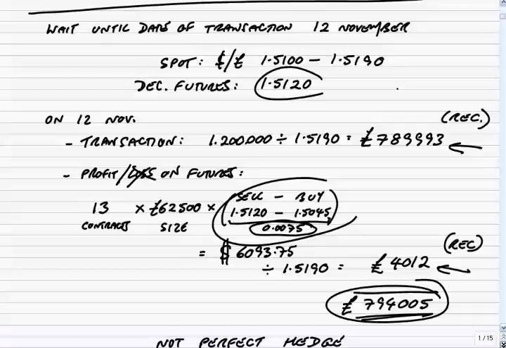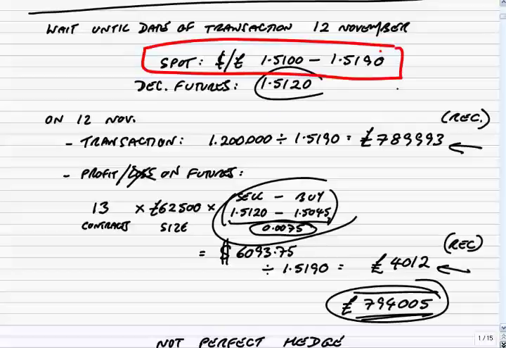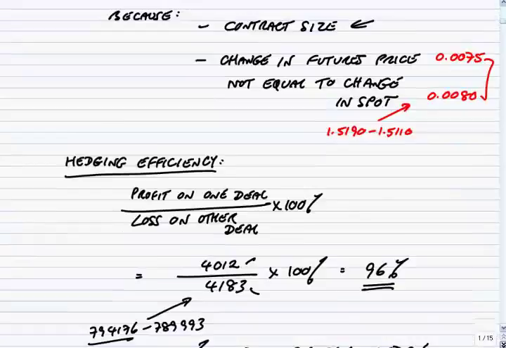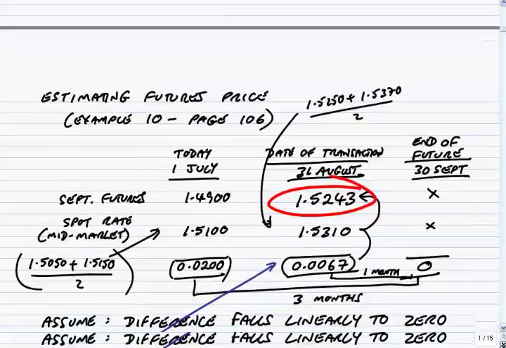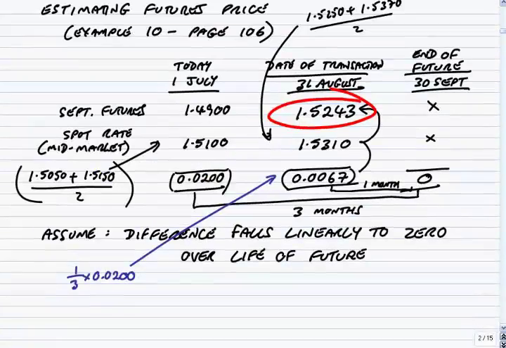What's quite likely, though, is to give you the same sort of example, but on the date of the transaction, to give you spot, but not give you a futures price and expect you to estimate. So if you're given a futures price, use it. If you're not, then you estimate it in the way that I've just shown you with example 10.